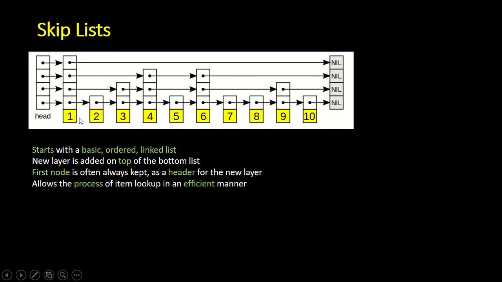As you can see here, the first node is always there, and it allows item lookup in an efficient manner because you skip items and you don't have to travel every link to find whatever element you are finding. It's more like an express lane. You just skip other nodes to find what you want to find. It's faster.